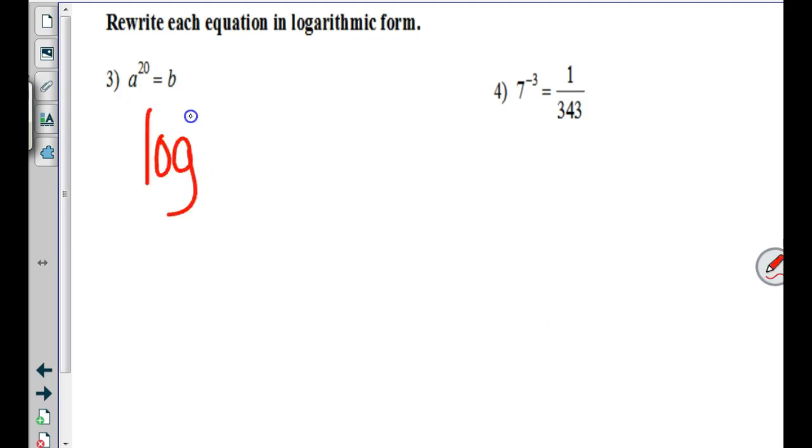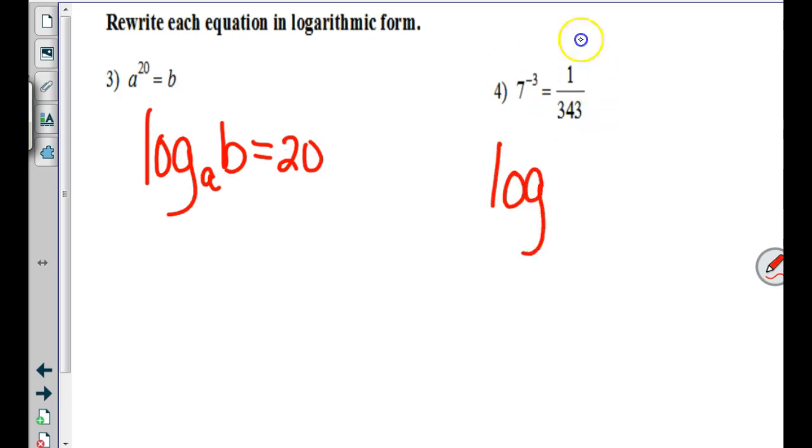Log base, what's the base in this question? Okay, the base is A. Log base, the base is this number down here, of some number equals the power. So the power is 20. So the log, what's the base in this problem?